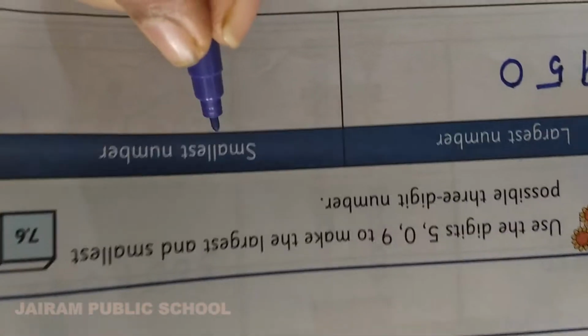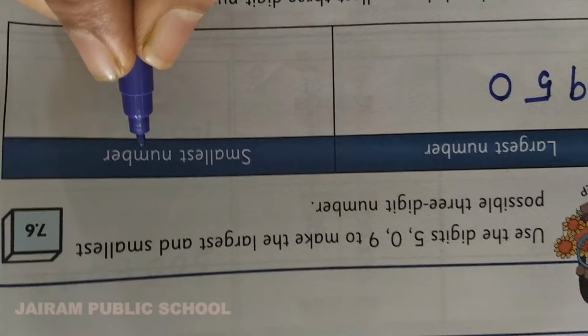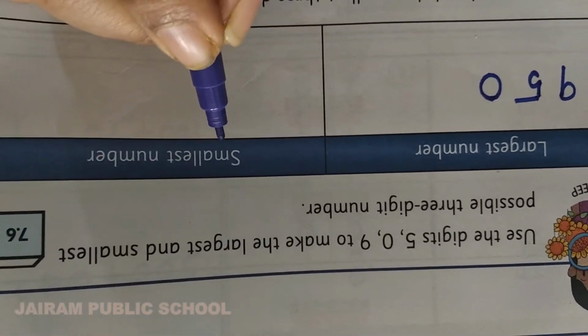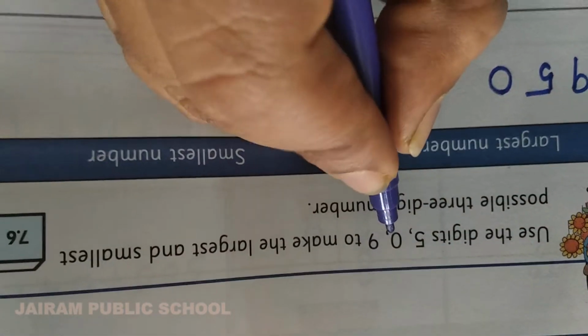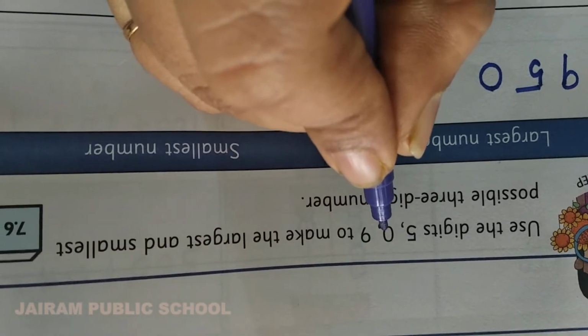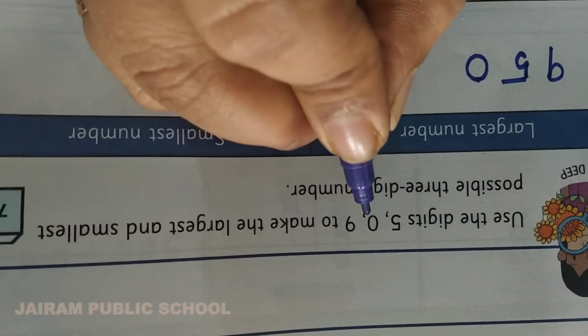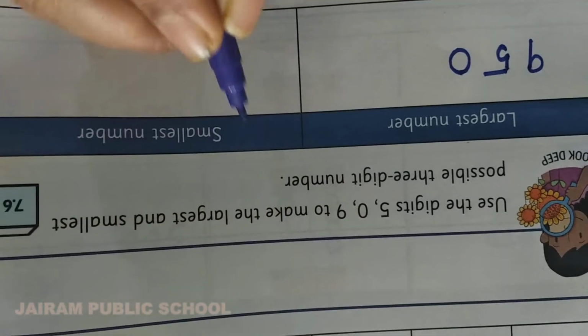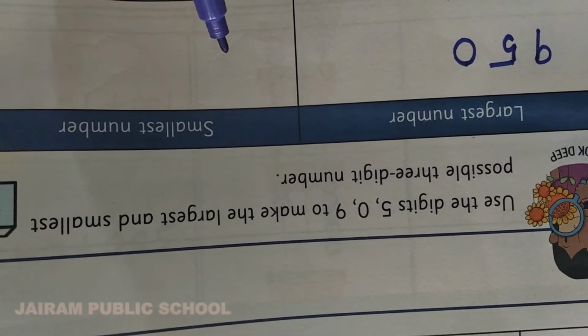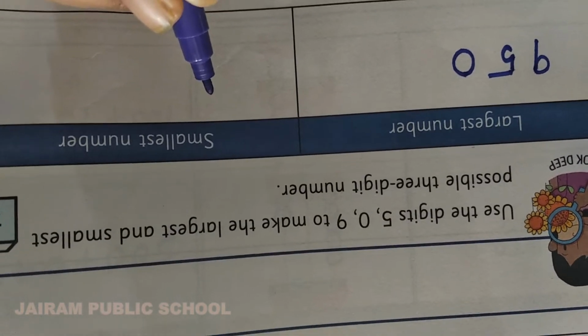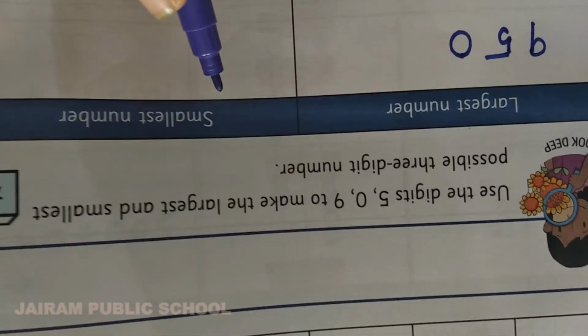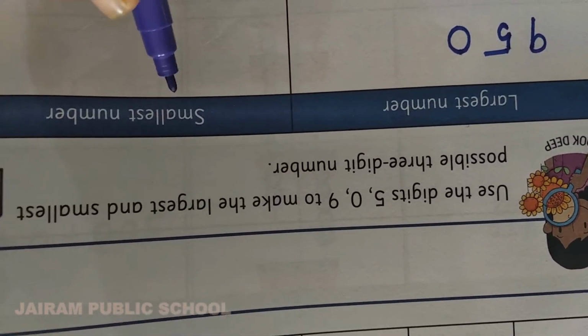Okay, now see here, the smallest number you want to take and write, Kanna. So smallest number means how will we write? We will write 059. But 0 we should not put at the first. If you are writing the smallest number, 0 is the very smallest one.